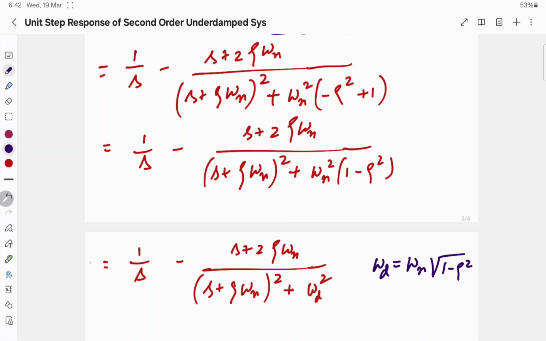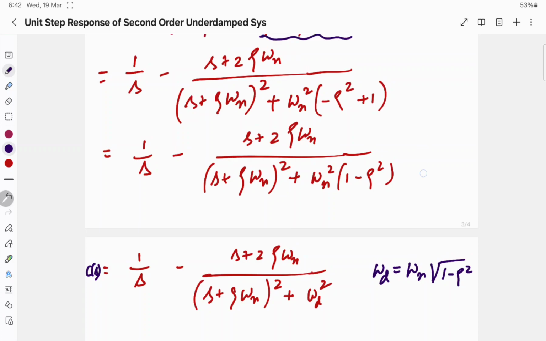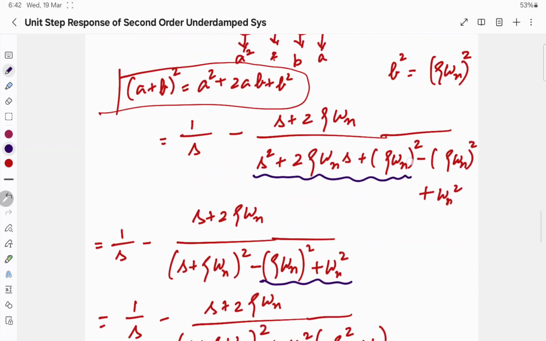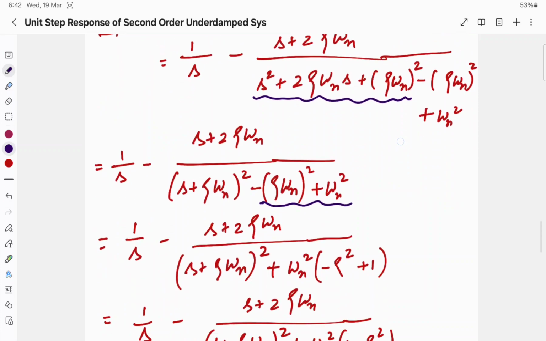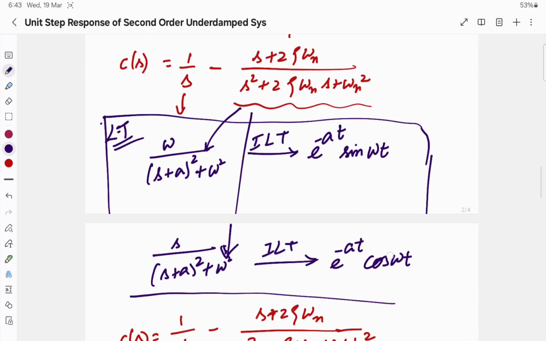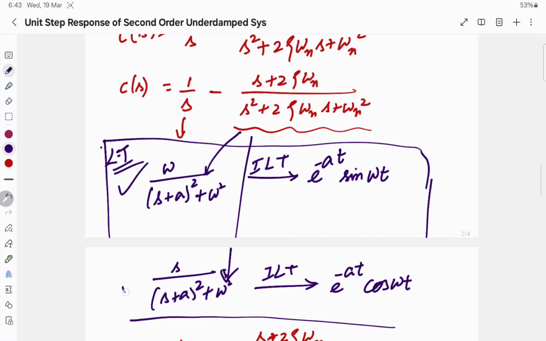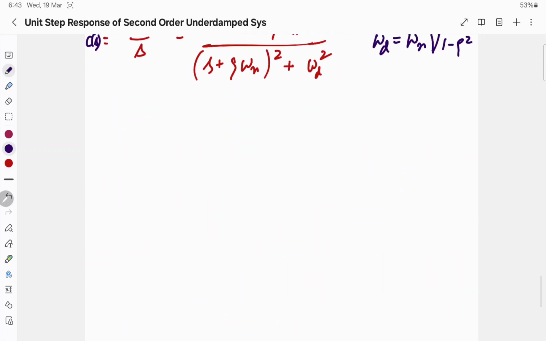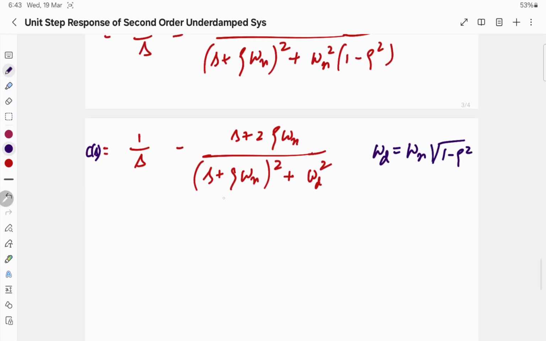Now this variable C of s, you can compare with this expression, these two, and we can see it is s plus a. Look at the denominator, it is s plus zeta omega n. In the numerator it is s plus 2 zeta omega n.